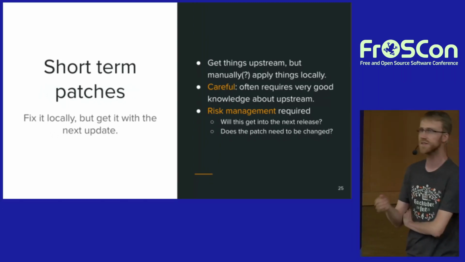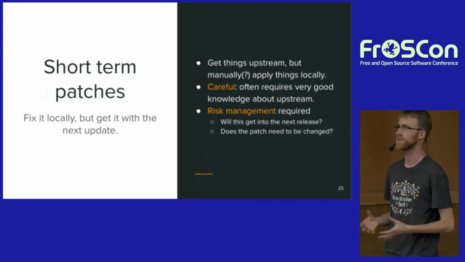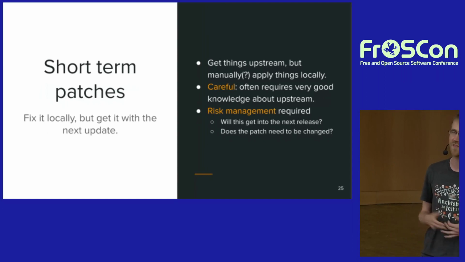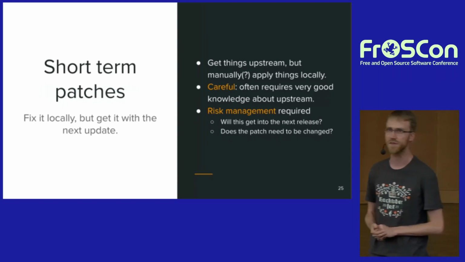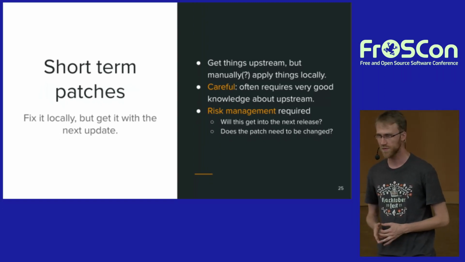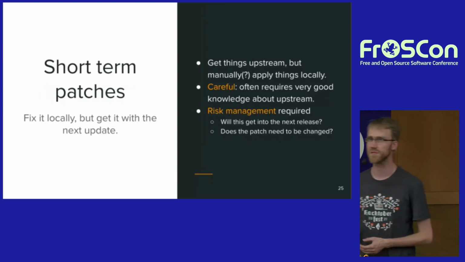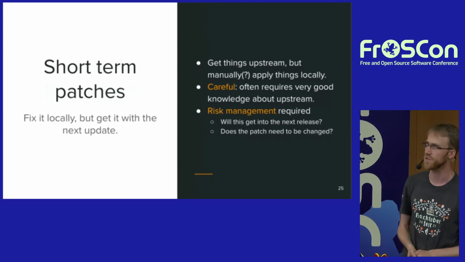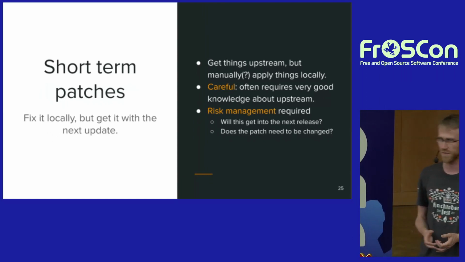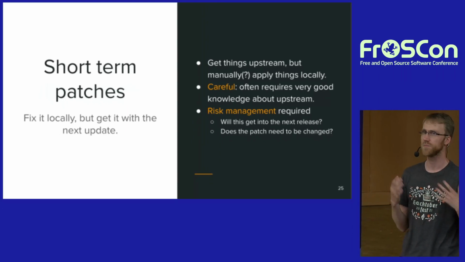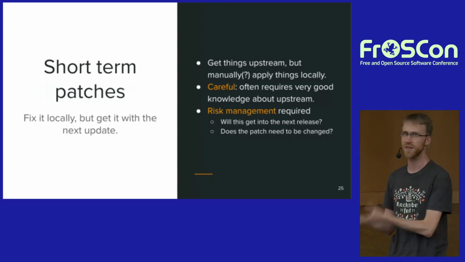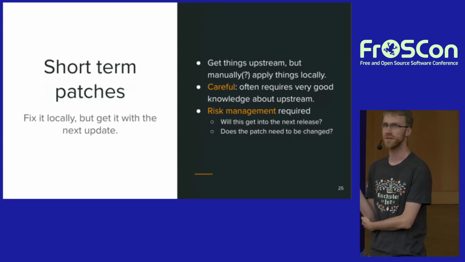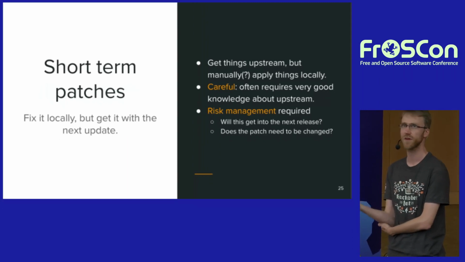So we kind of need some strategies also to deal with things if you actually have to maintain this, if you actually have to patch this, and if you have to have it right now. So one strategy, and this is something that usually works with projects you know kind of well, is to basically patch this locally, but also at the same time bring it upstream. That means that you have to maintain this only for a very short time.